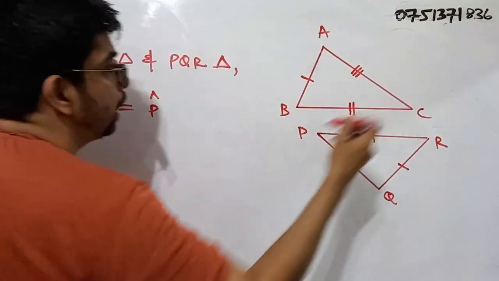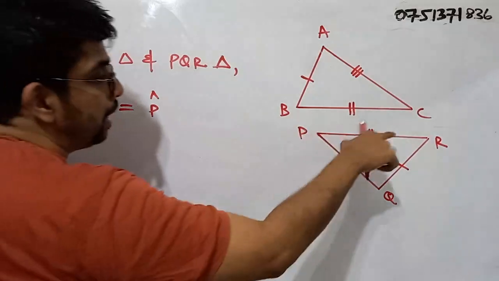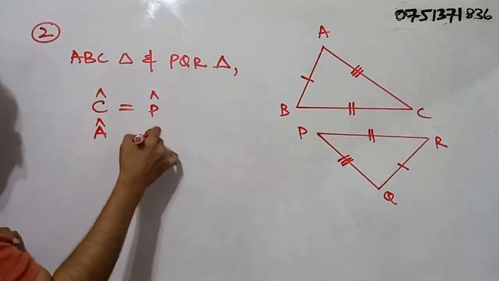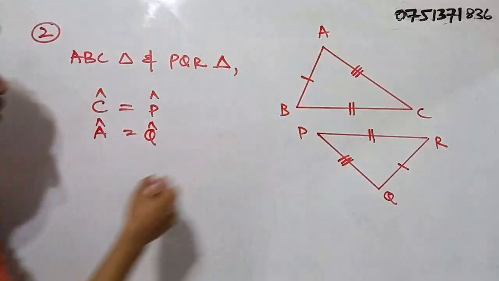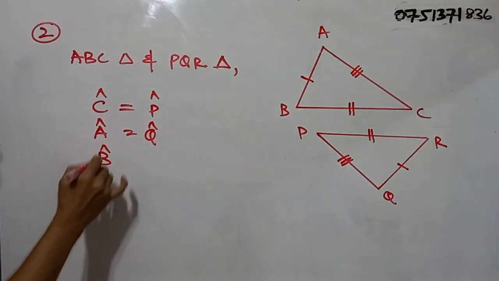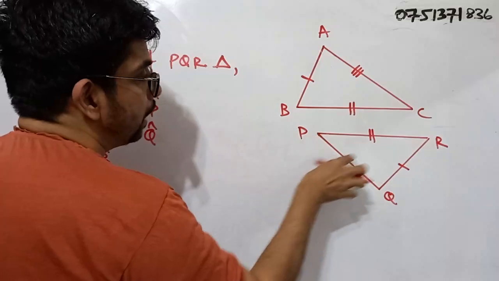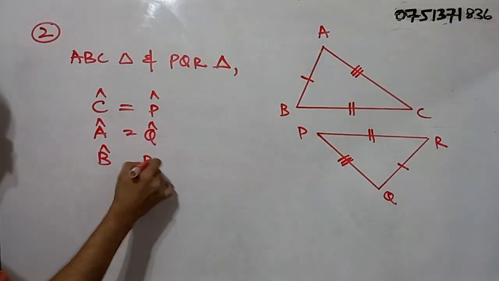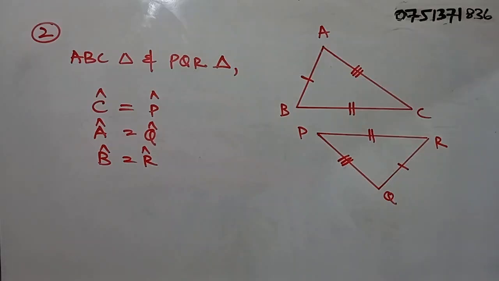What is the opposite angle to BC? Angle A. PR. What is the opposite angle to PR? Angle Q. So these two are equal. AC, what is opposite angle? Angle B. AC is equal to PQ. What is opposite angle to PQ? Angle R. Right? So these are the corresponding elements.